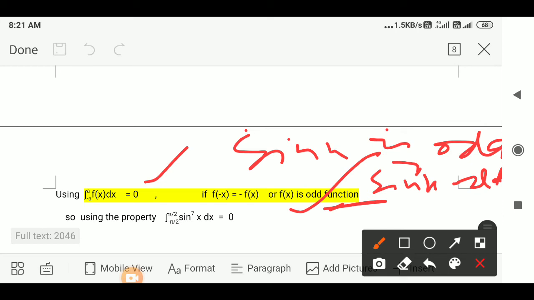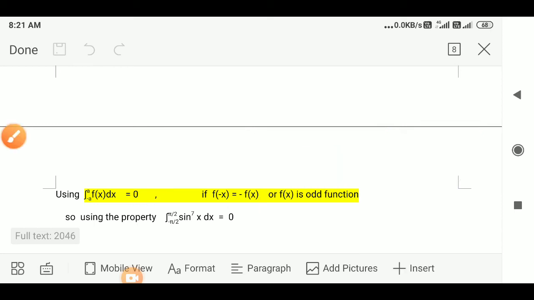But for sin x, if in place of x we put minus x, sin power 7 of minus x is equal to sin minus x whole power 7, and sin minus x is minus sin x, minus power 7 is minus, so it will be minus f(x). So the result is equal to 0. So we use the property and give the result.